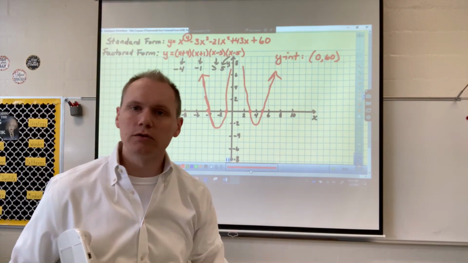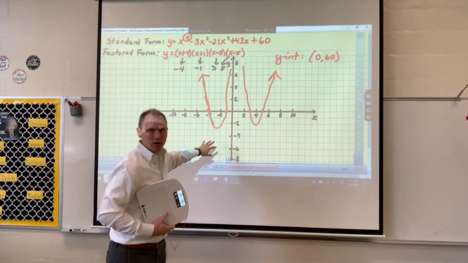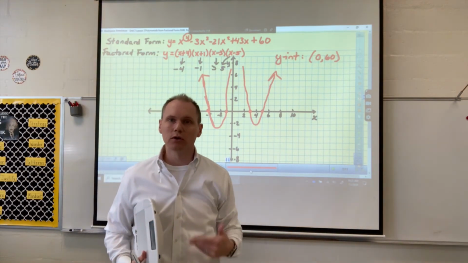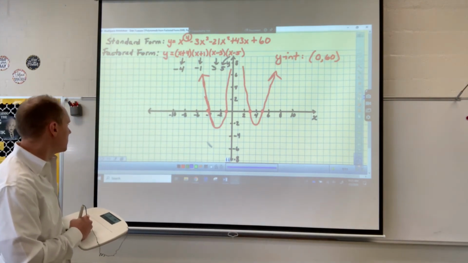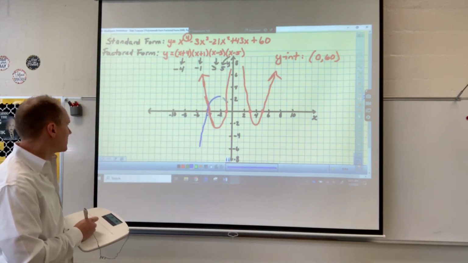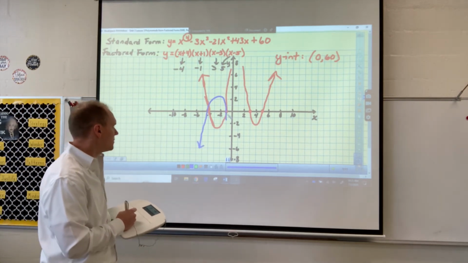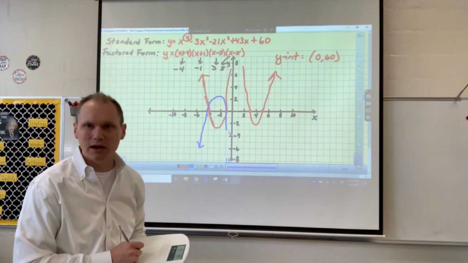So that follows our end behavior. It works out with our x-intercepts. If you get the end behavior wrong, the y-intercept will actually alert you that you did it wrong. Let me show you real quick how that works. If I start down here and I go up, and I go back down through this one, because I think that the end behavior is down and down maybe, then I have to cross the y-axis down here.